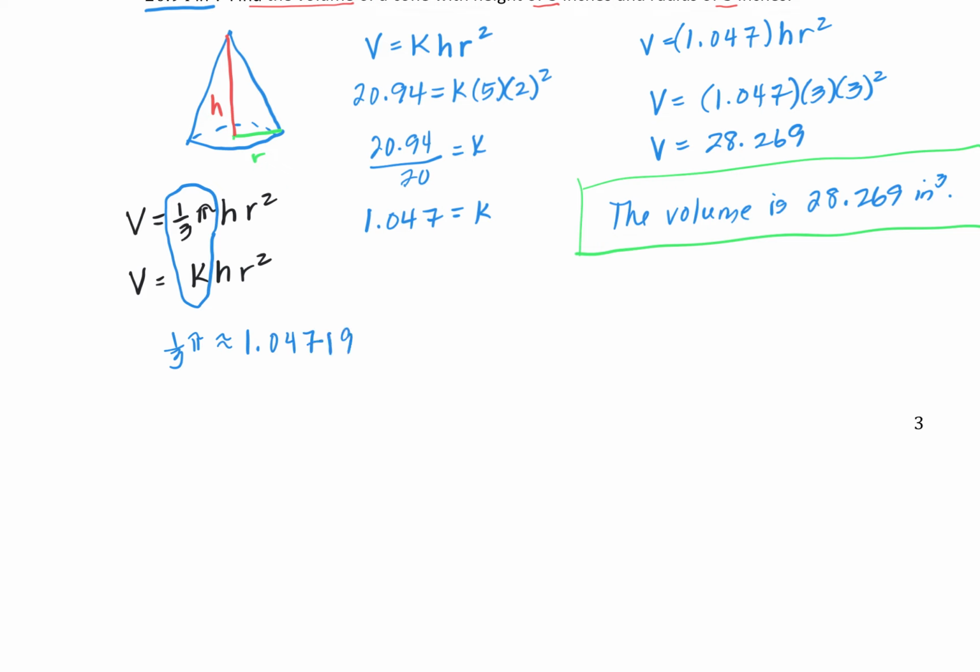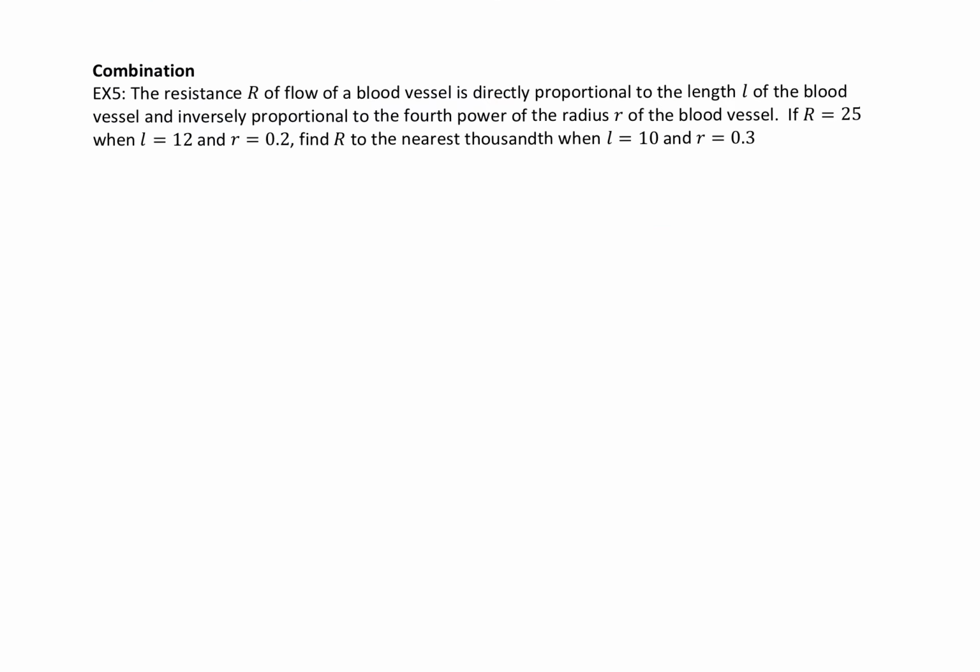It's going to go on forever. This is what I got in my calculator, and then it just stopped after a certain amount of digits. But then look at what this 1.047 was. That's that K value that we had when we set up our variation. So these formulas actually are real and they actually do make sense.